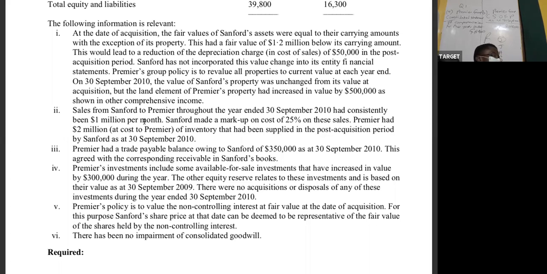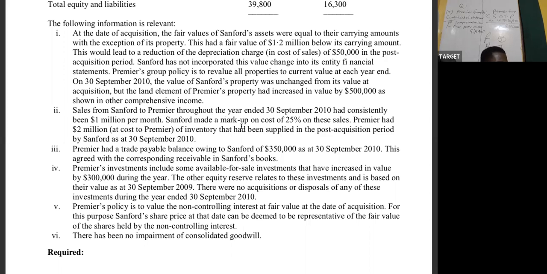But please, you can only eliminate the post-acquisition period, the 4 months. So 1 million by 4 will give us 4 million. That will be the intra-group sales, not 1 million by 12. You can only eliminate the post-acquisition period, so that would be 1 million by 4, giving us 4 million.